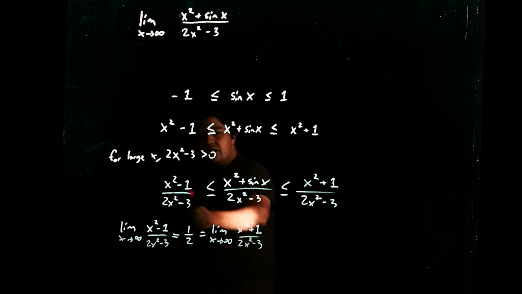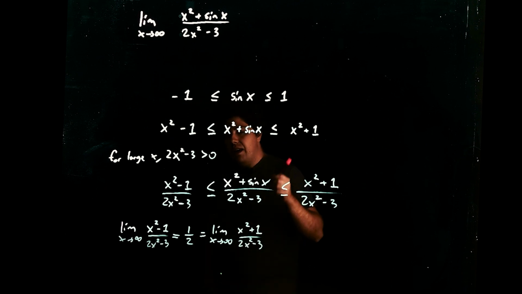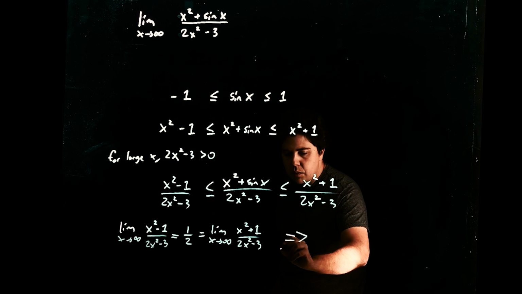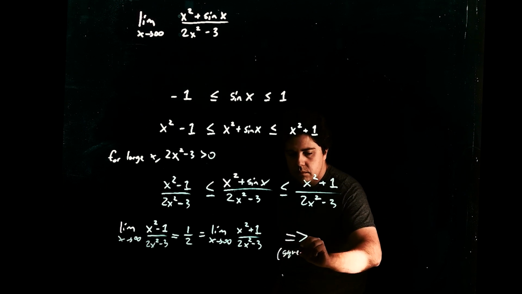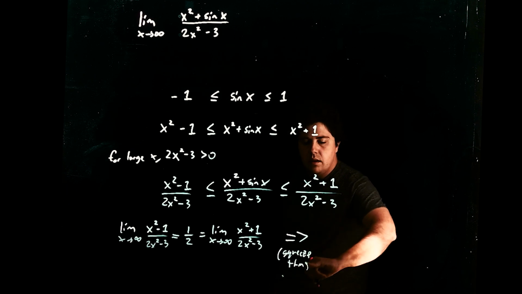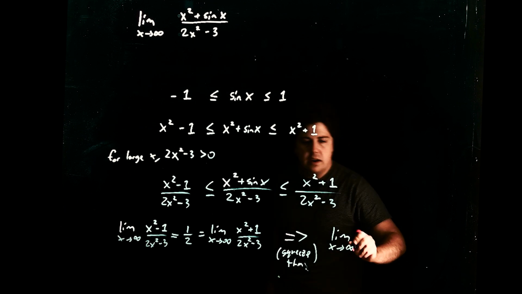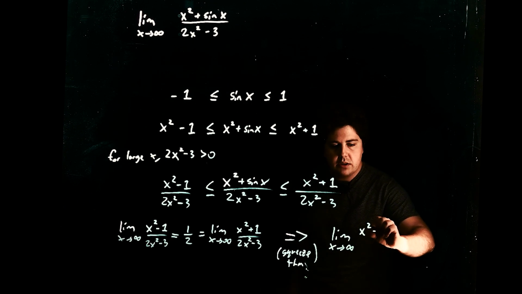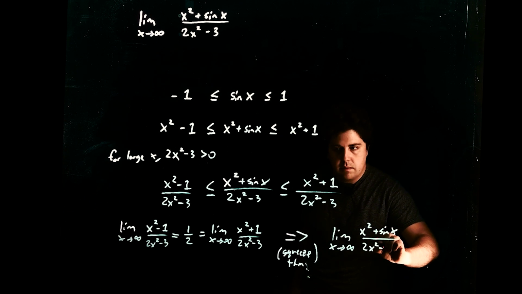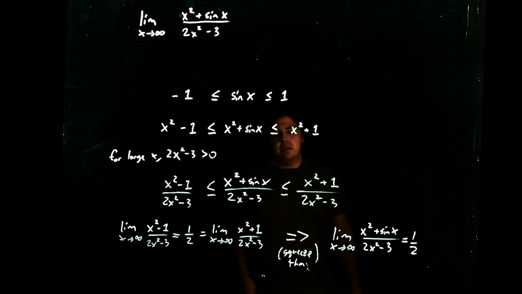And since we have these two outside guys, our g and our h, having a limit and having it be the same limit, by the squeeze theorem we can indeed say that the limit as x goes to infinity of what we want also goes to 1/2. And that's how you can use the squeeze theorem in practice.